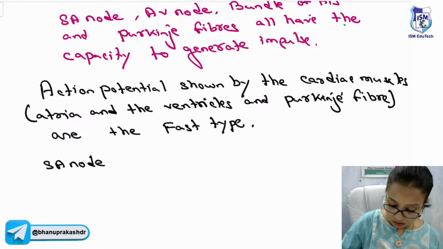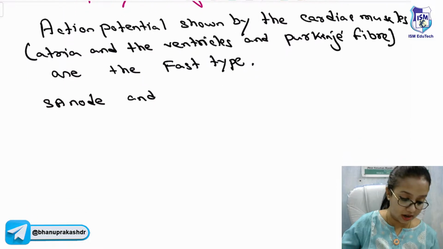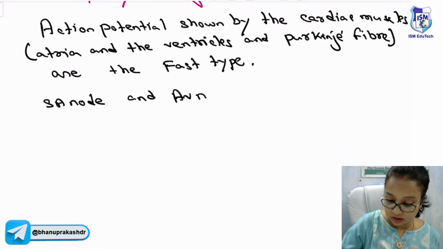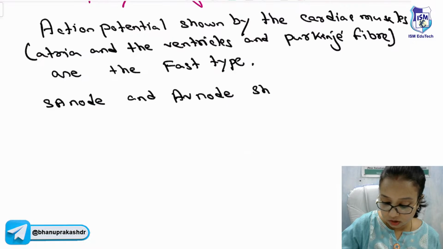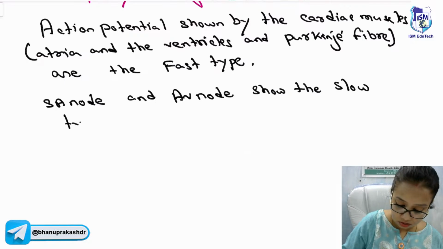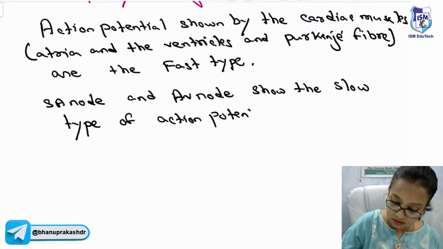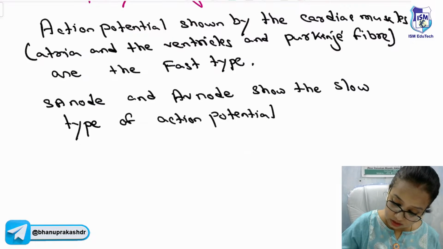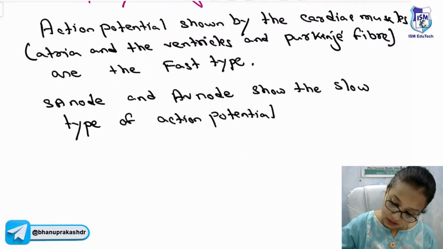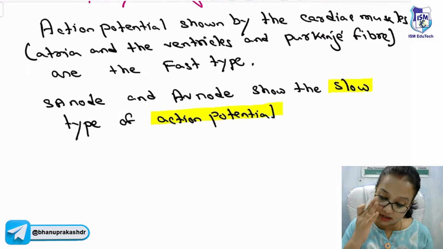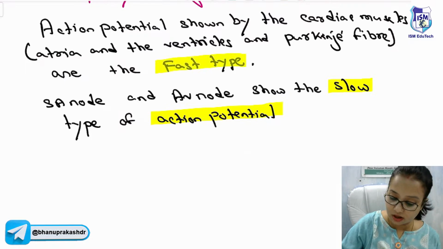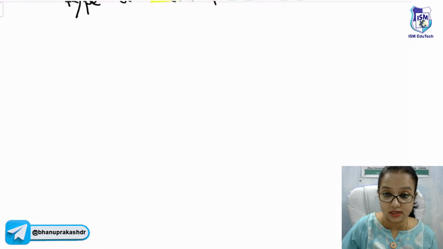SA node, and that is a nodal tissue, and AV node show the slow type of action potential. Okay, SA node and AV node, they show the slow type of action potential, whereas this atria, ventricle, Purkinje fiber, they show the fast type of action potential.